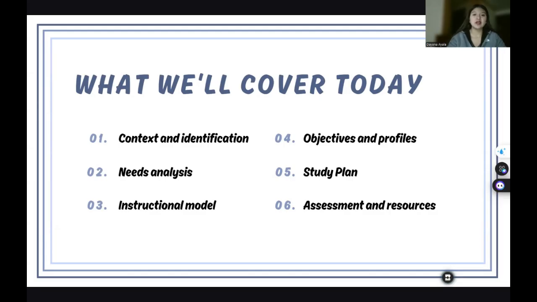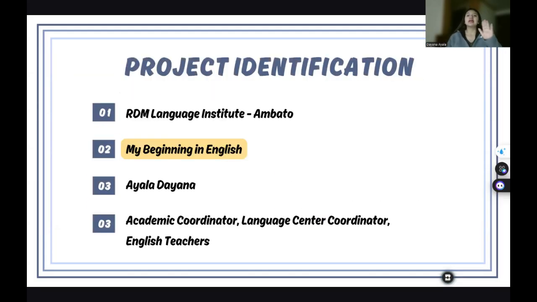The first part is project identification. In this part, we need to write all the necessary information about where we are working now. For example, in my case, I am working at RDM Language Institute, located in Ambato. Here we have the most important part, the name of your project.